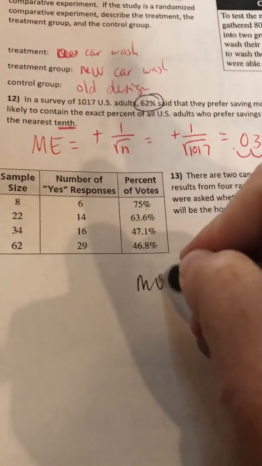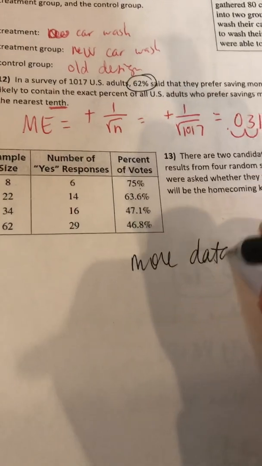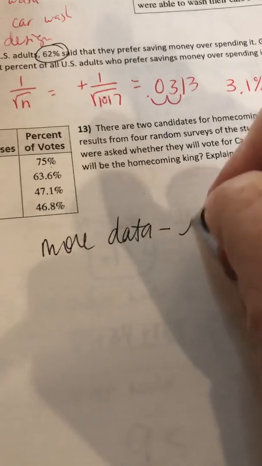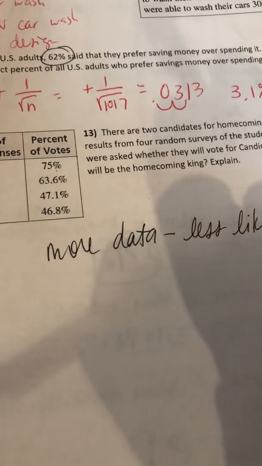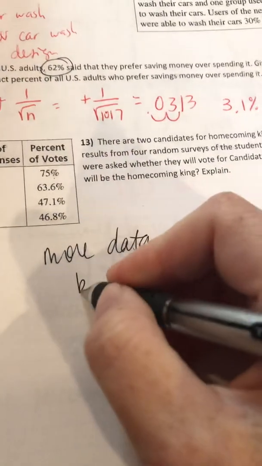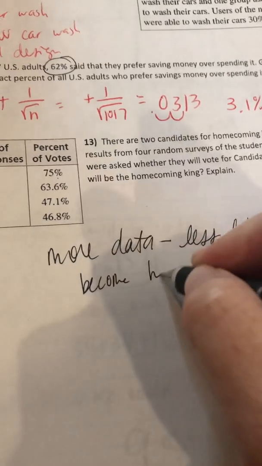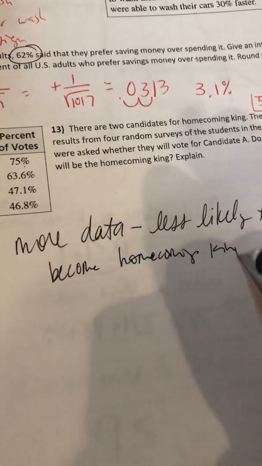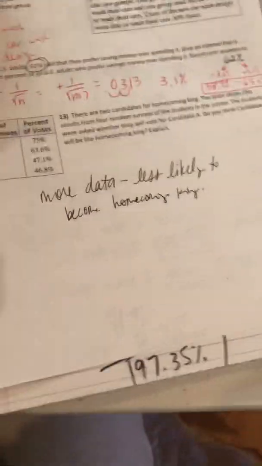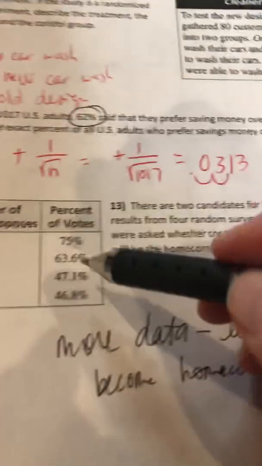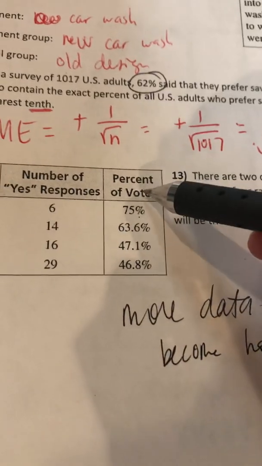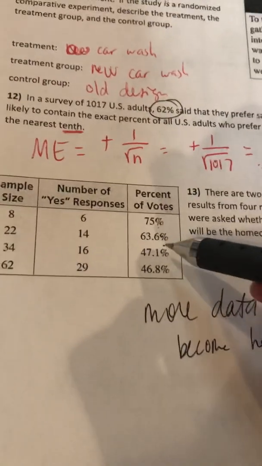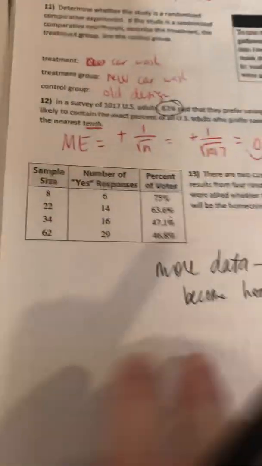So with more data, it looks like candidate A is less likely to become homecoming king. If it would have gone up, I think this is a previous quiz question too, if it would have gone 75, 85, 95, 97, that would have been a yes.